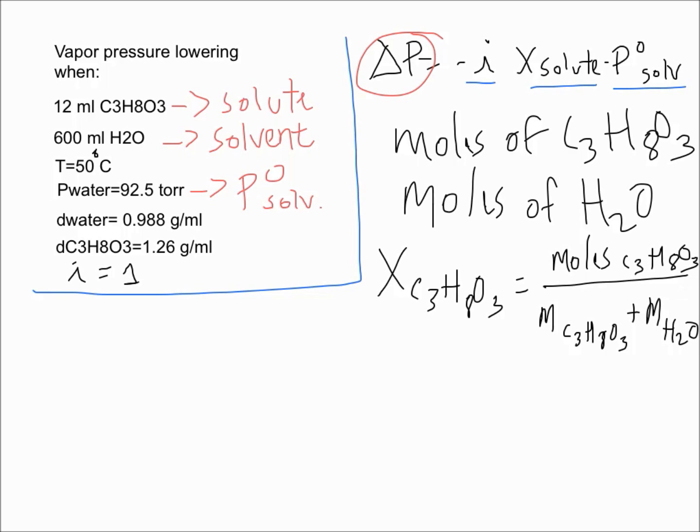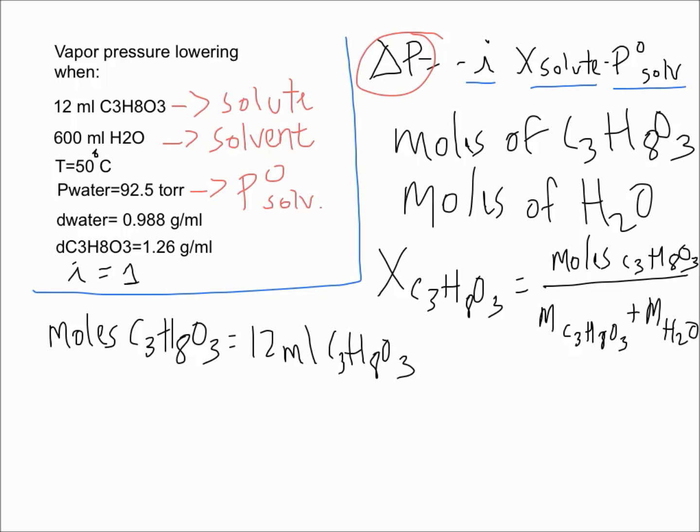And let's find first the moles of glycerol. We have 12 milliliters of glycerol and we have the density of glycerol and the molecular weight, so we can convert milliliters into moles.